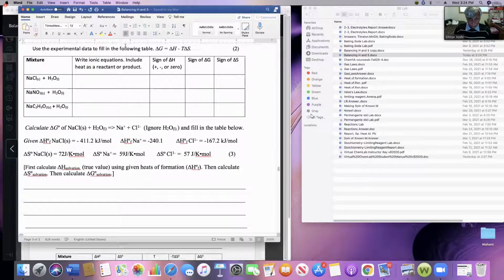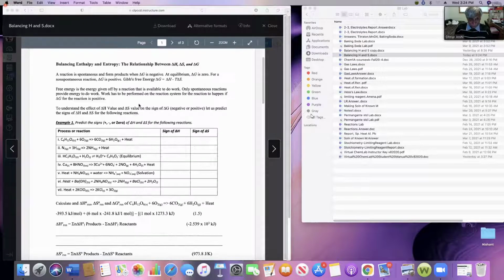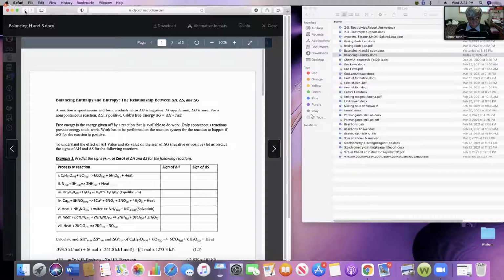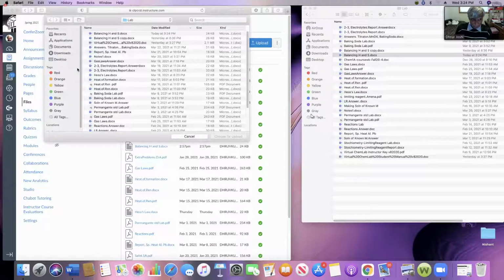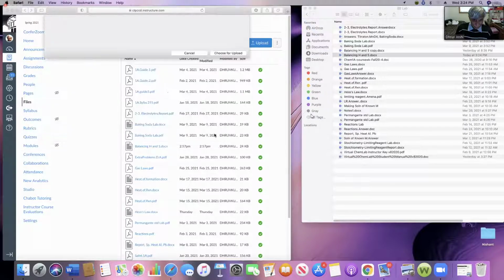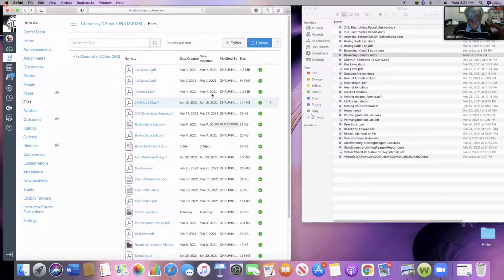I'm gonna import that. Okay, that 8 is gone now from this file, at least.